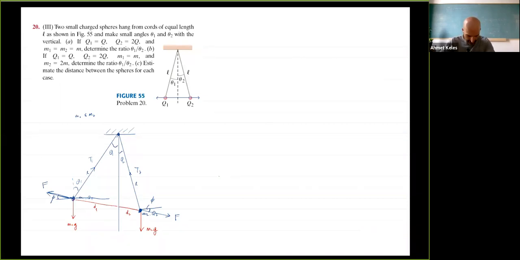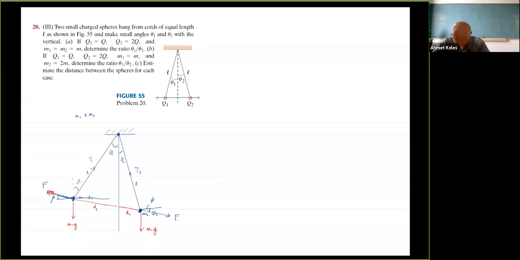So I'd like to start with free body diagrams. So this is the free body diagram. Let's write the corresponding equations. First I want to write for particle number 1. Let's write for the horizontal components.